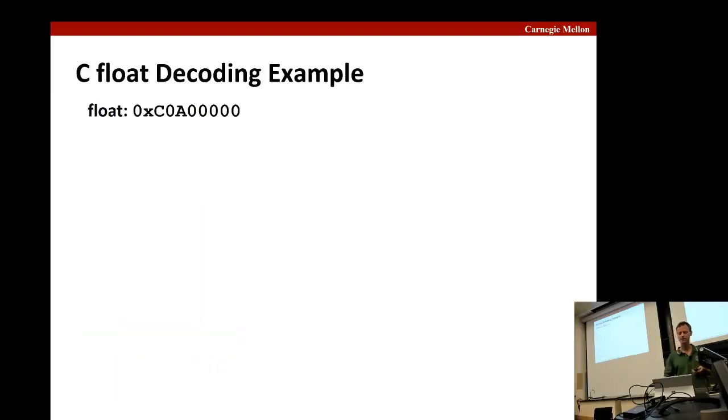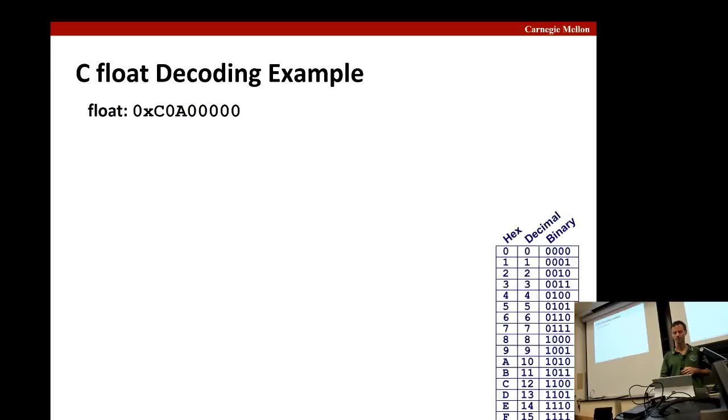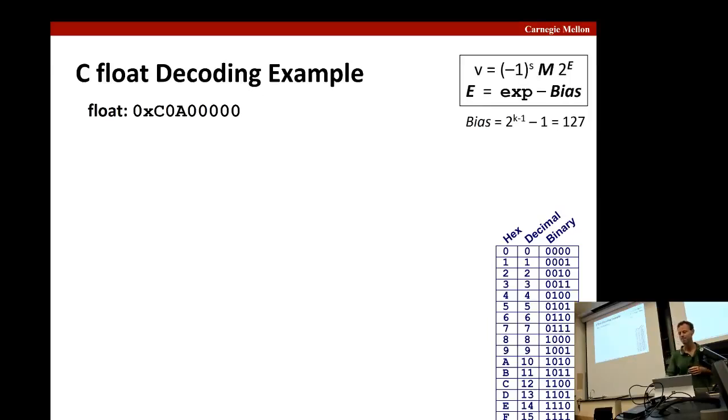Let's look at this. Suppose in C you had this hexadecimal number. There's our hexadecimal cheat sheet; you should be getting really good at this by now if you've been doing the assignments. And this is our translation cheat sheet. In this case, this is the normalized case, so you get the exponent minus the bias, as opposed to 1 minus the bias in the denormalized case.